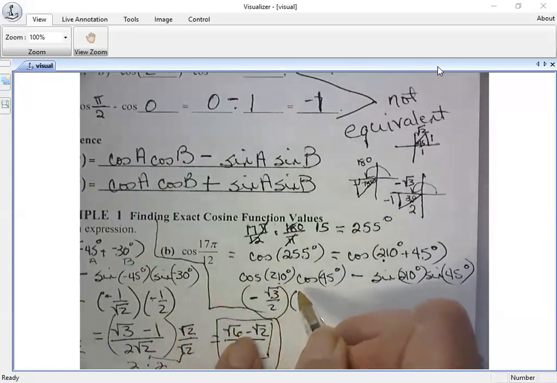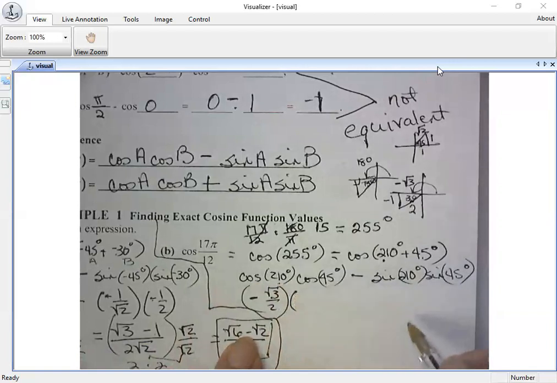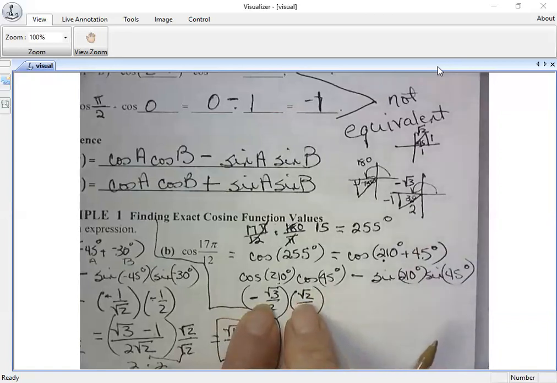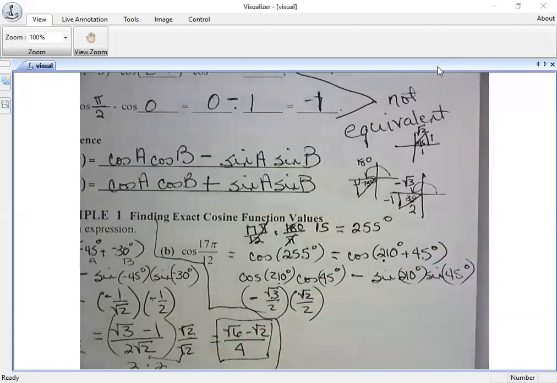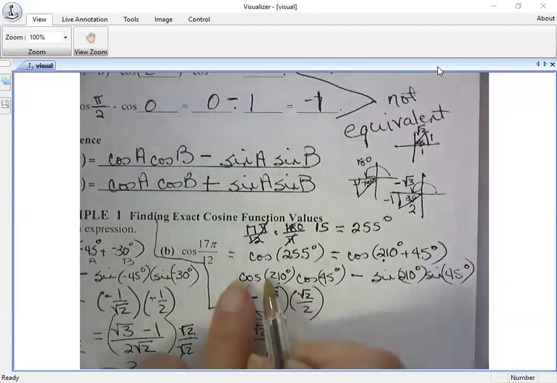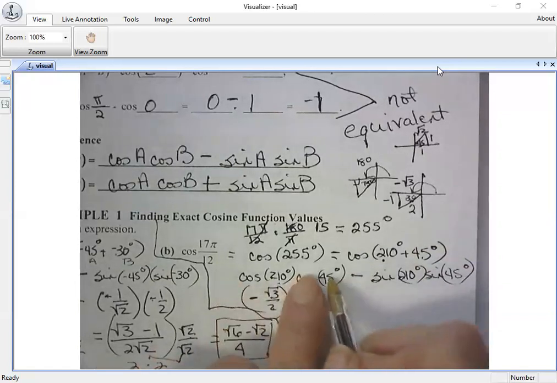If we rationalize it now, it would be square root of 2 over 2. Do y'all want to do that instead of writing 1 over square root of 2? Well, when we're multiplying, we don't need a common denominator, but at least then we won't have to come back and rationalize later, okay? So we've gotten the cosine of 210 times the cosine of 45.